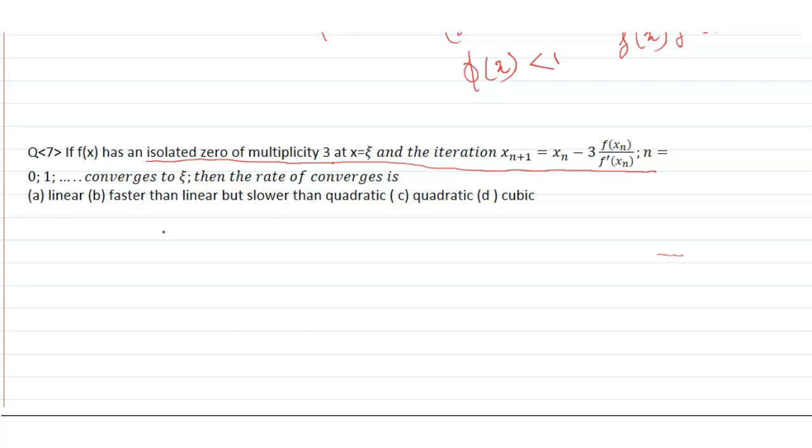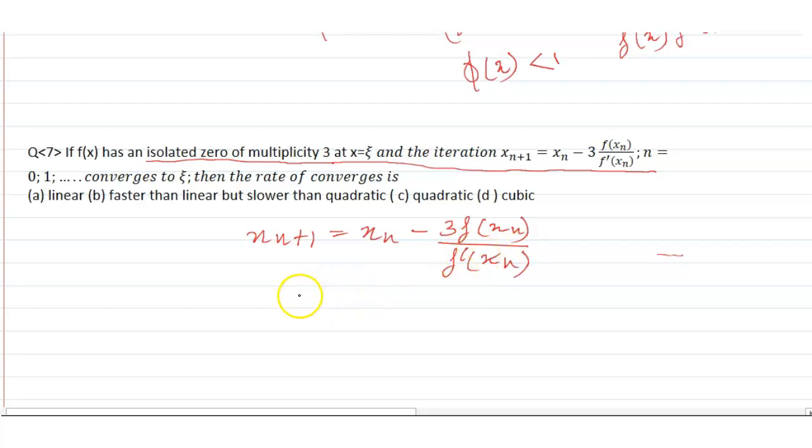So friends, here you see that x(n+1) equals xn minus 3 into f(xn) divided by f dash (xn).